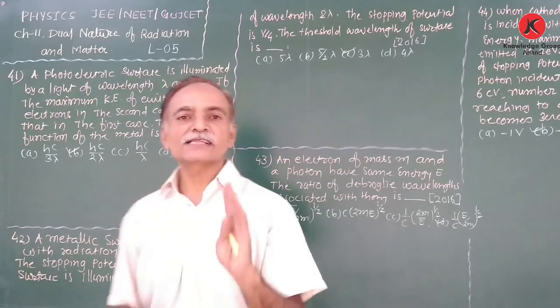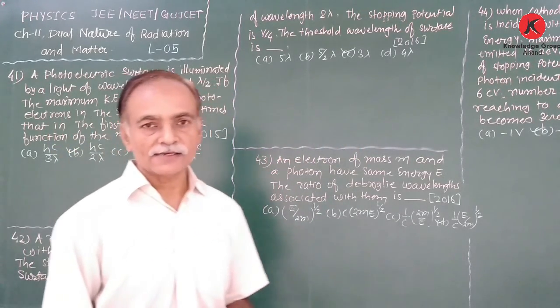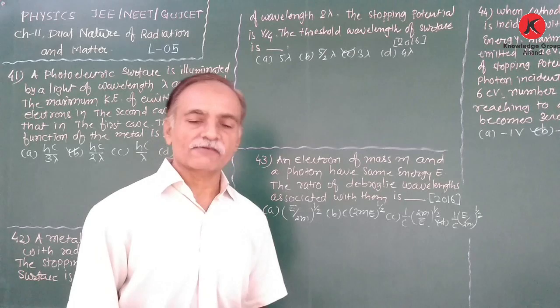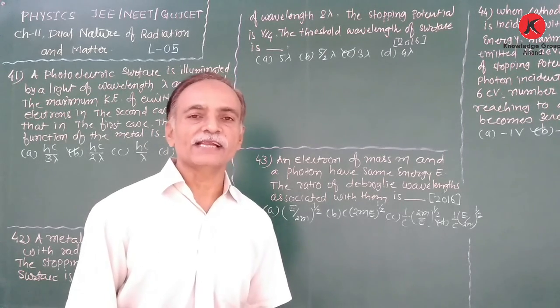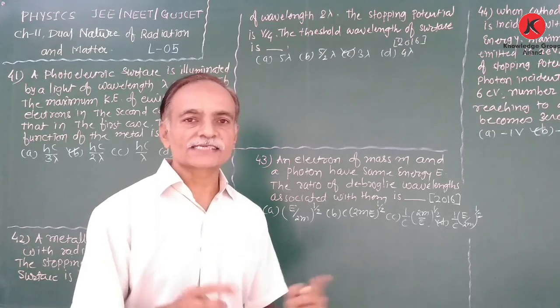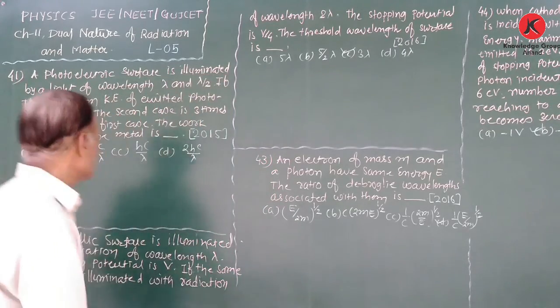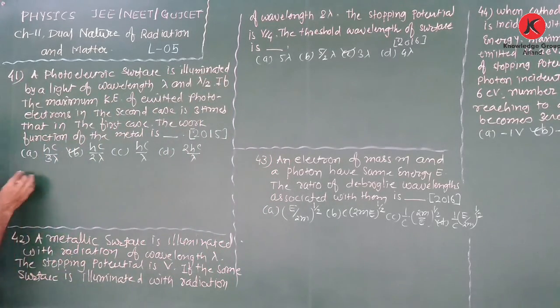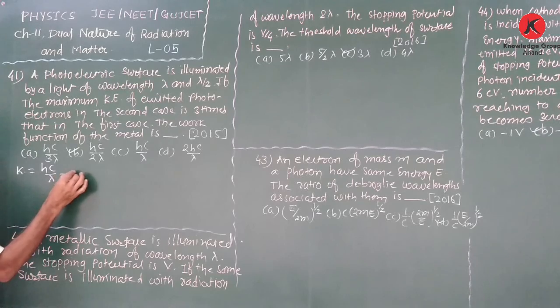Here we are using Einstein's photoelectric equation. Maximum kinetic energy is equal to hf minus hf0, or hc upon lambda minus phi. Therefore kinetic energy K is equal to hc upon lambda minus phi.